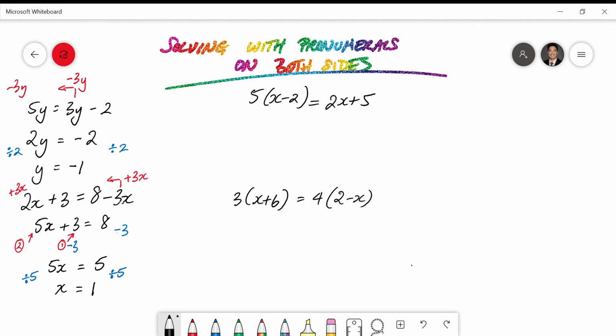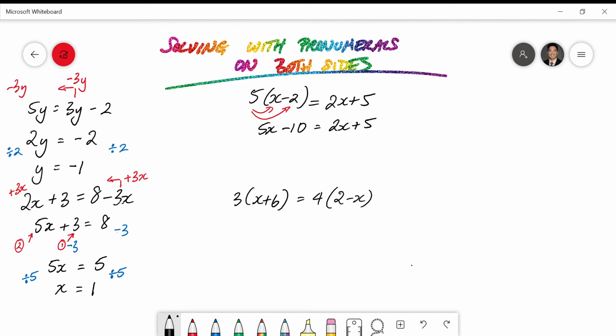All right. 2 more questions. We're involving brackets. Again, no different here. We're going to expand the brackets first, okay? Unpack your boxes, and that way you can know where to shuffle things around. So 5 times x is 5x. 5 times minus 2 is minus 10.